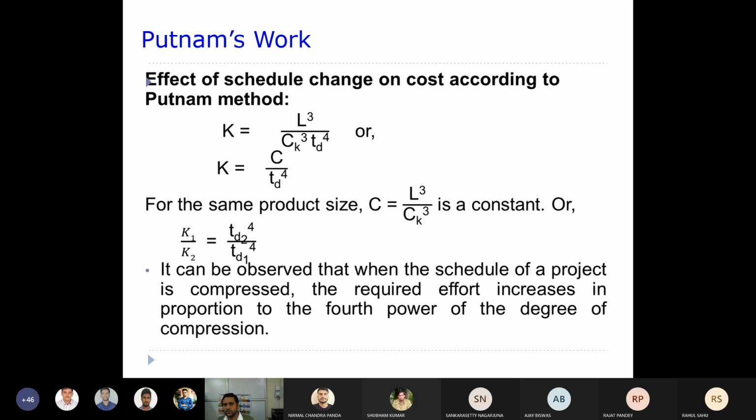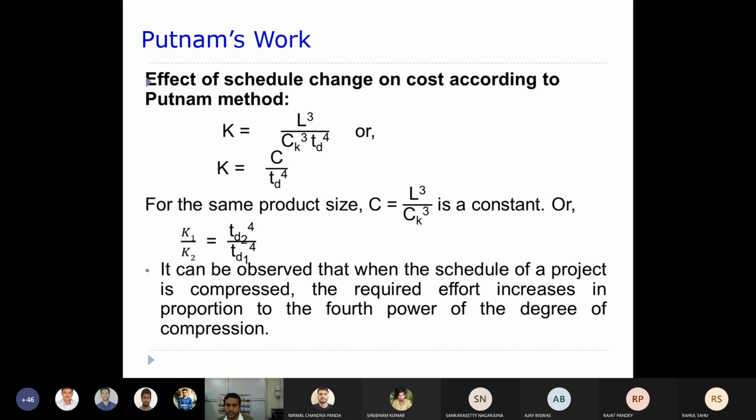Now we try to study how the cost varies when you change the schedule. We try to study this from Putnam's equation only. There is a rearrangement of the equation.